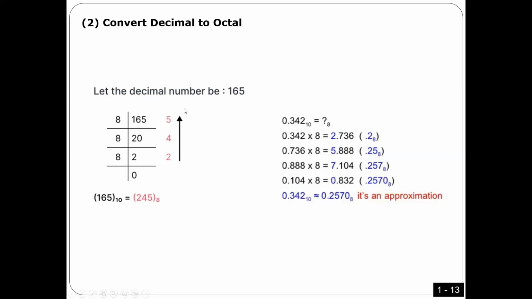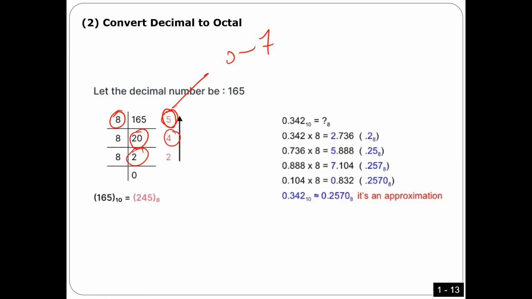Okay, so here we have 165. I'm going to repeat everything I explained before, but this time I'm going to divide by 8. When you divide by 8, the remainder you get is a number from 0 to 7. So here I got 5, and the quotient is 20. I divide again by 8: the remainder is 4, and the quotient is 2.